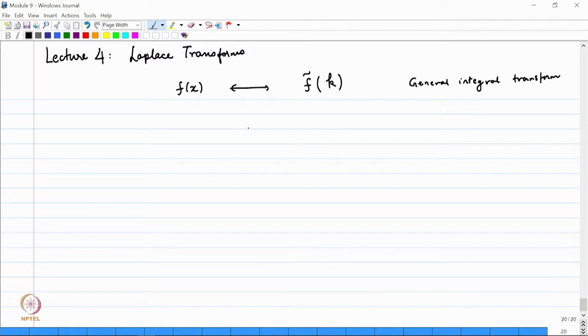Now a general integral transform has this form. You integrate over x from the limits of x, which I will just say a to b, and you integrate f of x multiplied by something called a kernel, K of k, x.